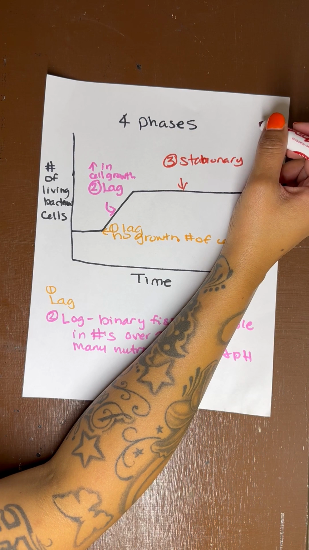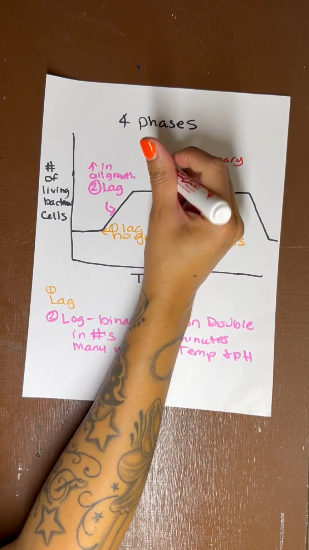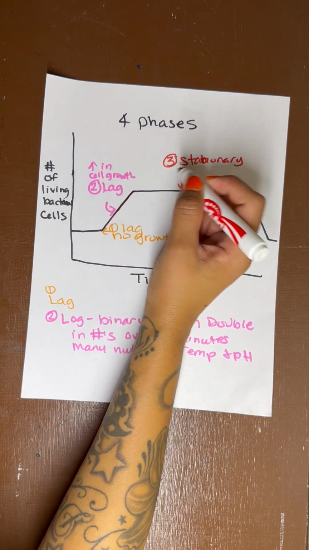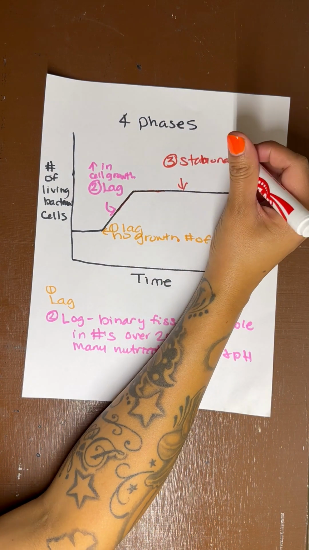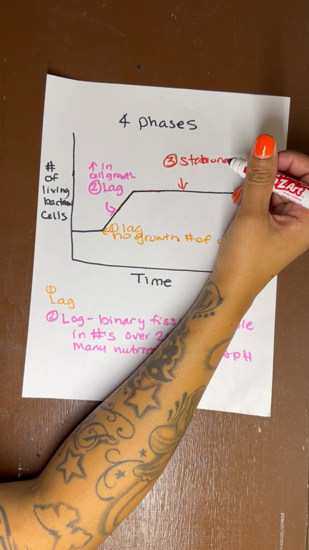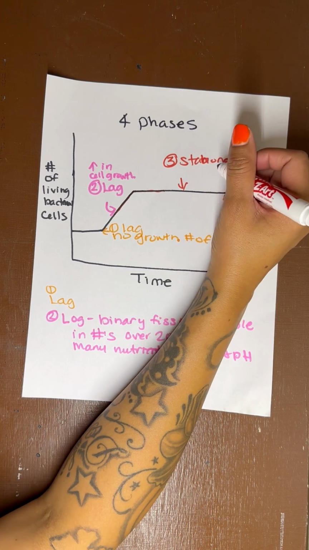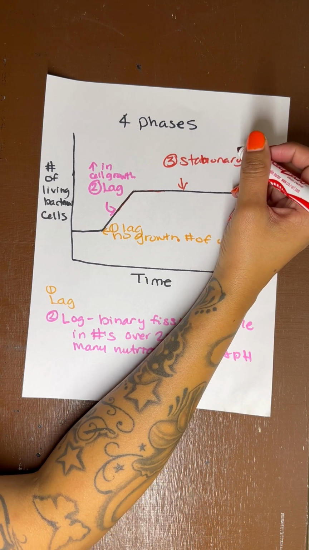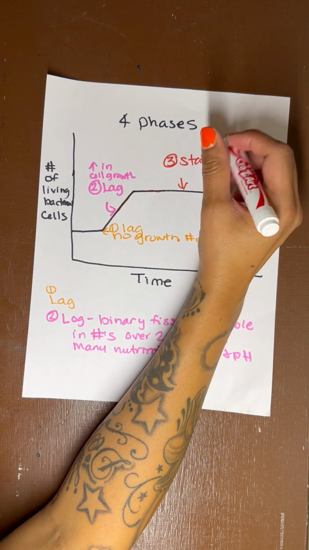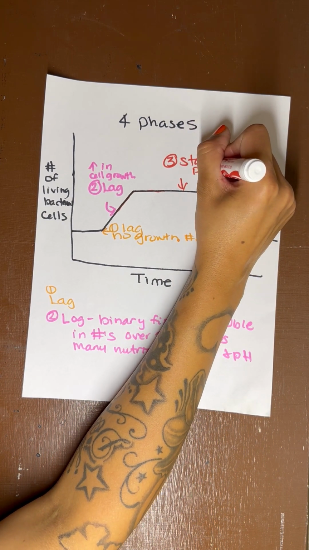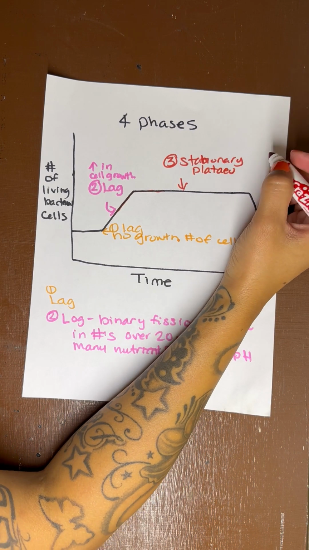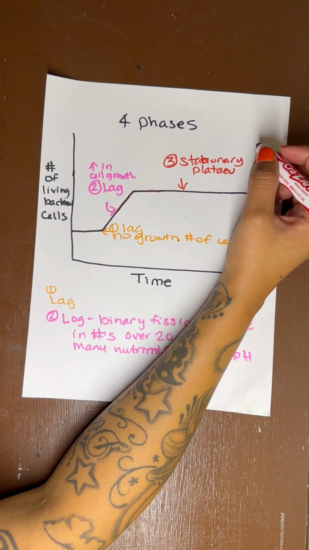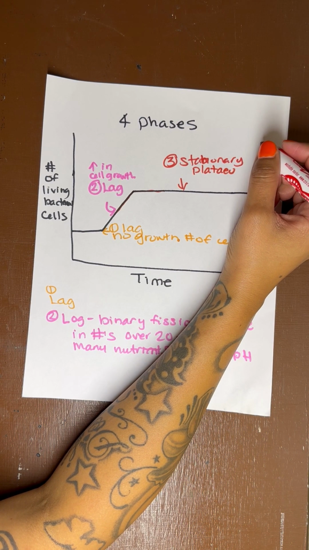As the population from the log phase starts to slow down, which is about here, at the stationary phase of this, we begin to lose the nutrients needed for the number of cells to grow in this phase, so it begins to plateau in this phase where there is no growth and it stays at the same level.